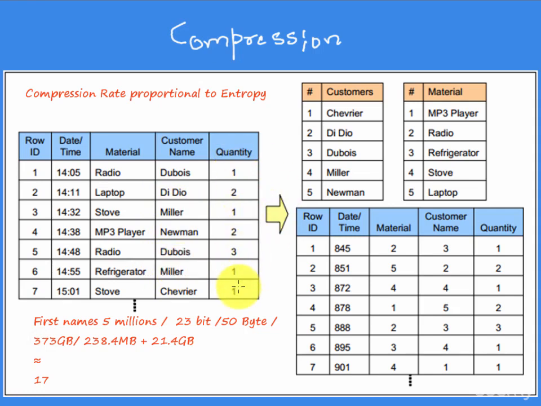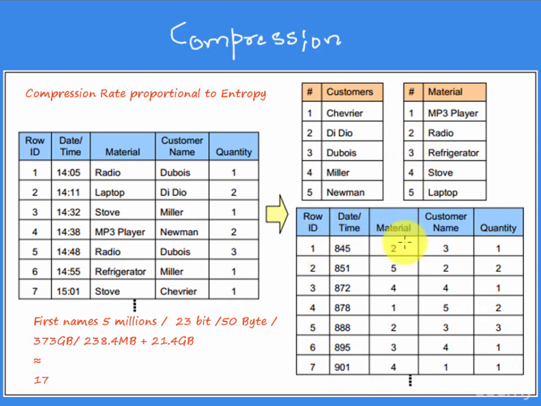So the idea is very simple: let's remove the repetition, build a vector for that, and use only an integer to point to that vector. That's what is done here. A vector is built for customers and a vector is built for the material column. These are all string types, and a string is much more expensive to store than an integer. What is done is that this compressed table is superimposed with the vector numbers.